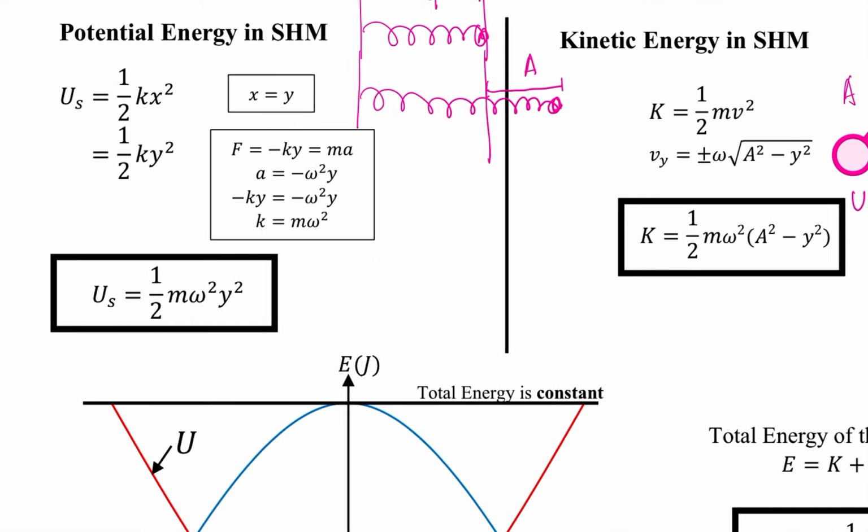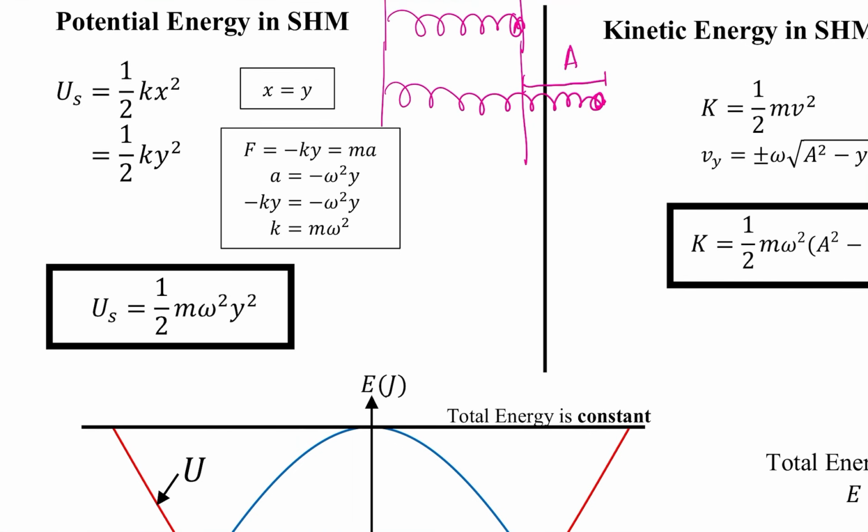So at this point dia ada potential energy. So ni adalah spring. So potential energy sama half kx square, x sama dengan y. So dapat half ky square. Then kita guna equation ni. This is Hooke's law. F equals to negative kx equal to ma. So A tadi kita dapat apa dalam SHM? A equals to negative omega square y. So A ni kita gantikan. Okay, so F ni, A ni kita masukkan dekat sini. So kita cancelkan. Oh sorry, ada M kat sini.